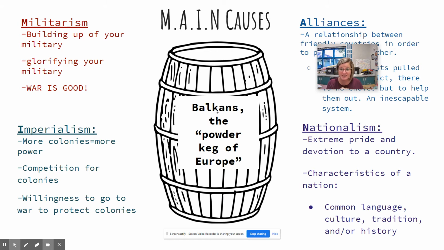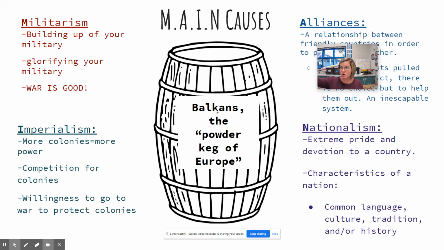Once they assassinate the Archduke Franz Ferdinand, Germany is like, Austria-Hungary, are you just going to let them do that? Because of the alliances, now you have Germany and Austria-Hungary, and Italy joins, saying, all right, I've got to support you. But Russia is in support of the Balkans because of the alliances and because of nationalism.